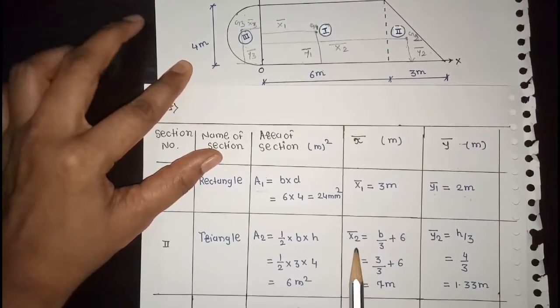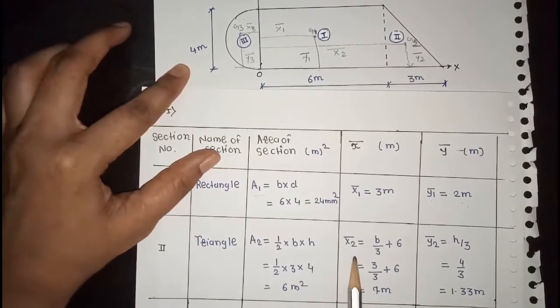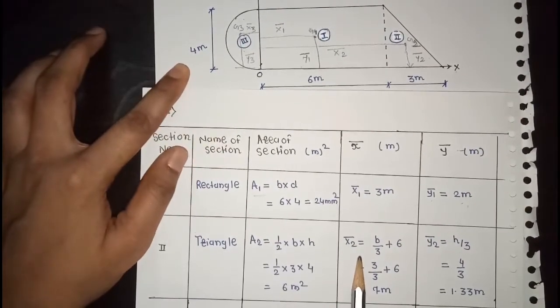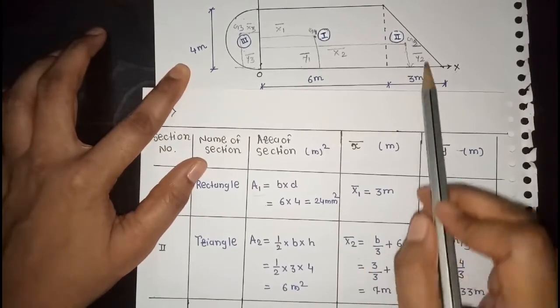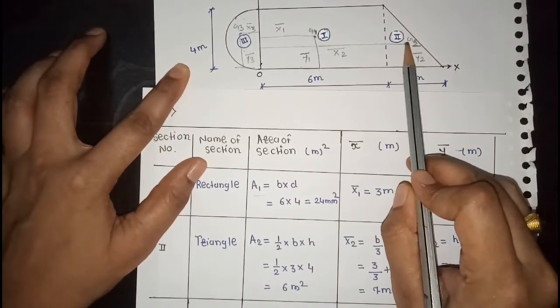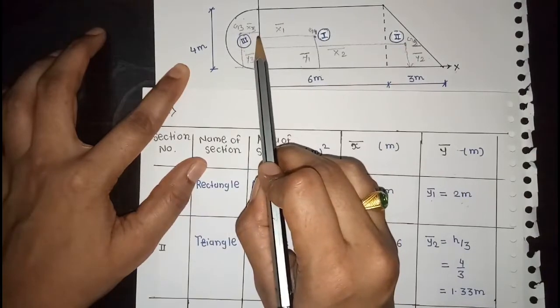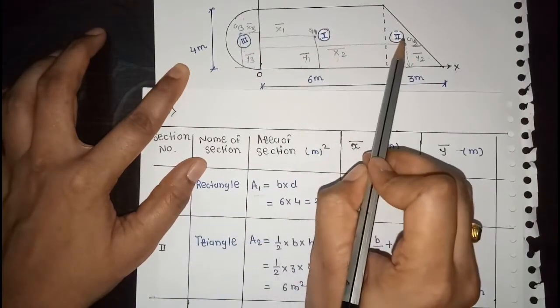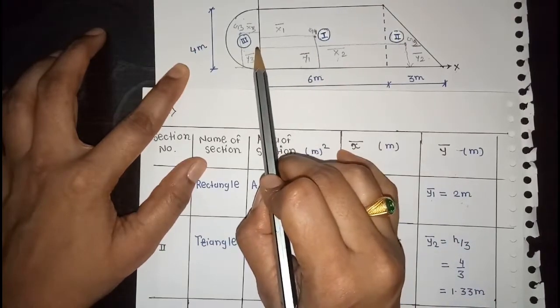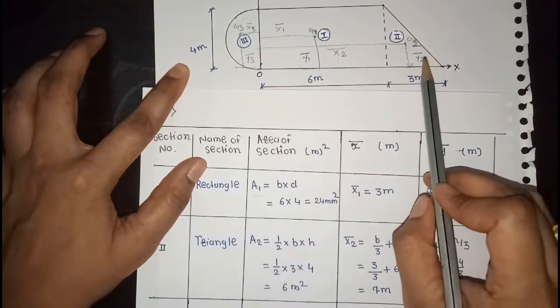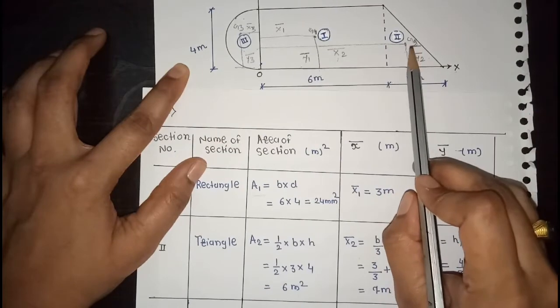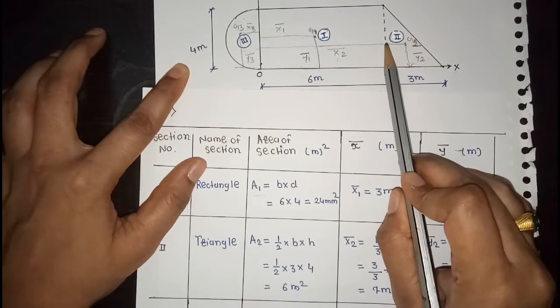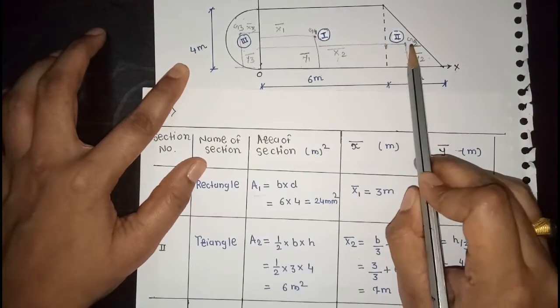Then x2 bar means distance between point G2 to base of y-axis. So first of all we have to calculate the distance from point G2 to this point of the right angle triangle.